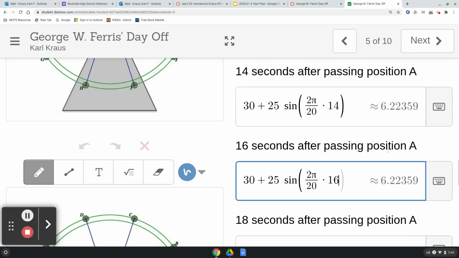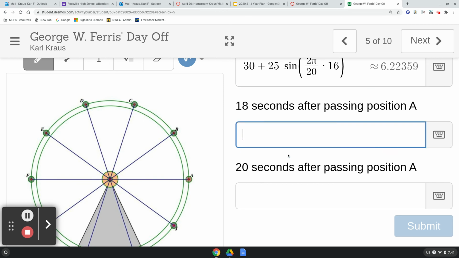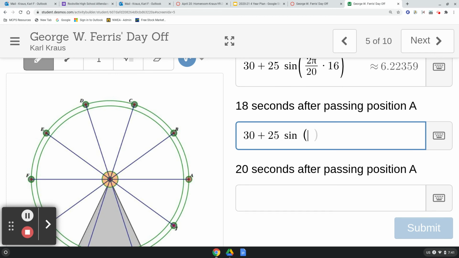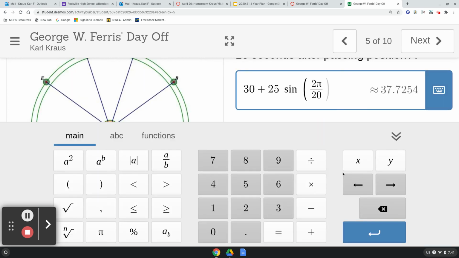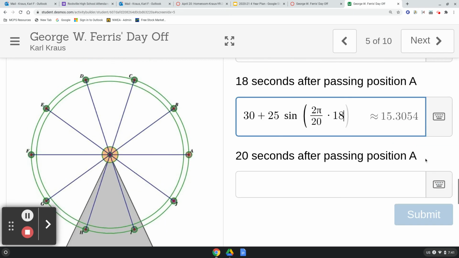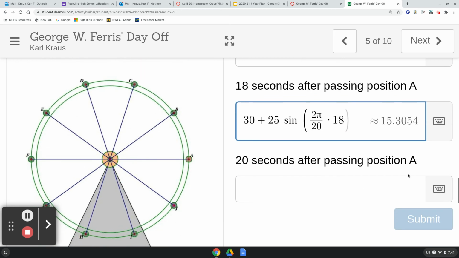So notice that these two are the same. In 18 seconds, that's the same as 12.